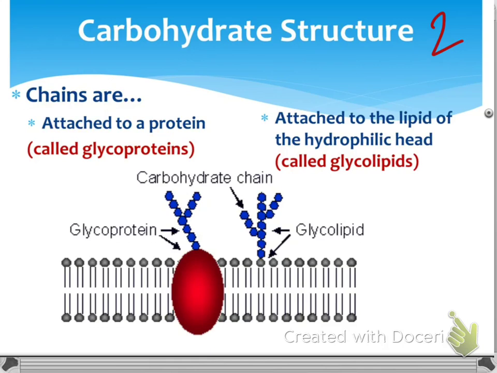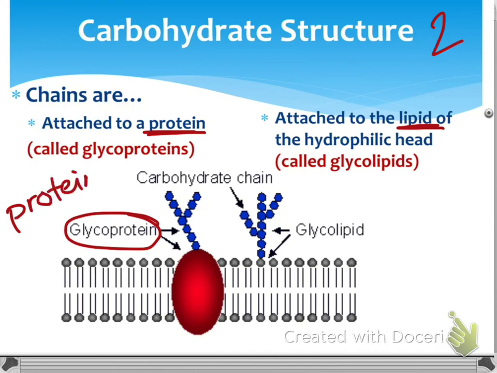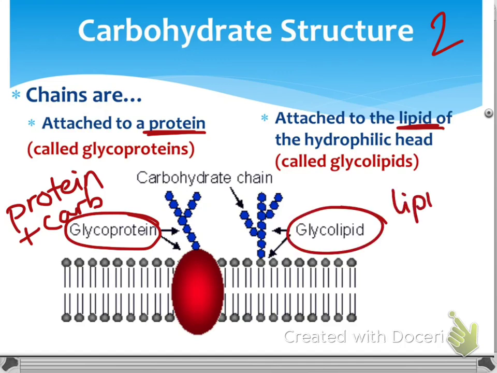So carbohydrates, there's 2 types, like we said. So you have ones that are attached to a protein and ones that are attached to a lipid. So a glycoprotein is going to be a protein plus carb. And then a glycolipid is a lipid plus a carb. Now the carbohydrate itself is just this blue chain here.